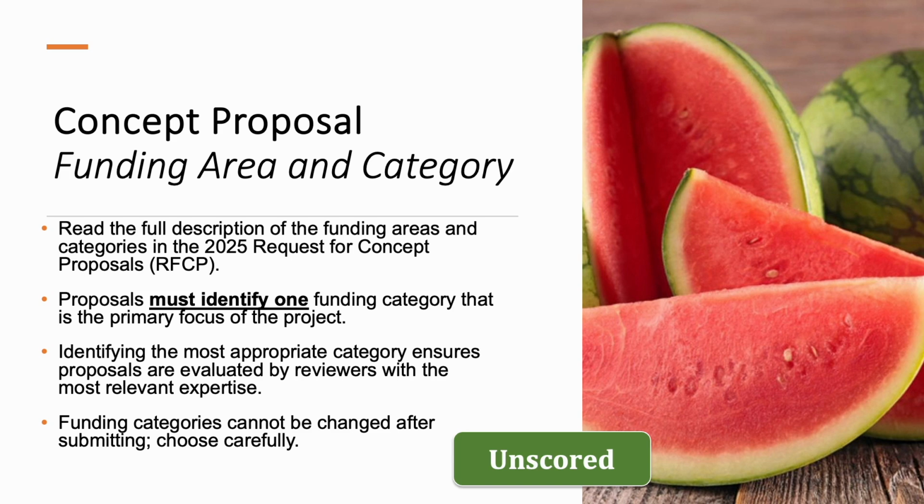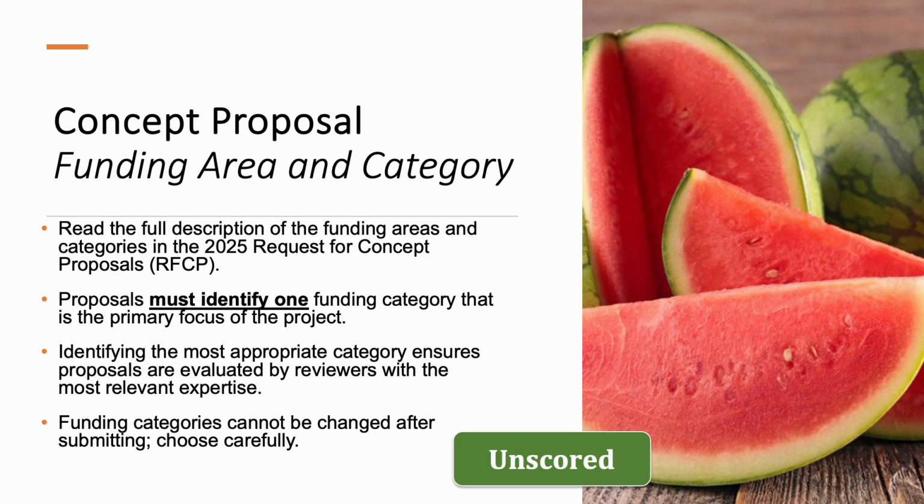The funding category is a key part of your application since the proposed project will be evaluated on how it addresses a need for the specialty crop industry within the selected category. Furthermore, the funding category determines which committee will review your concept proposal application, ensuring that your application is evaluated by reviewers with a relevant area of expertise.